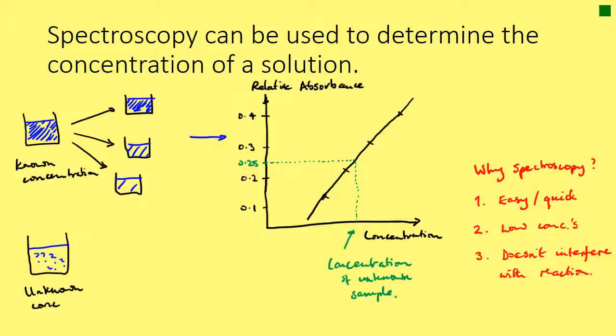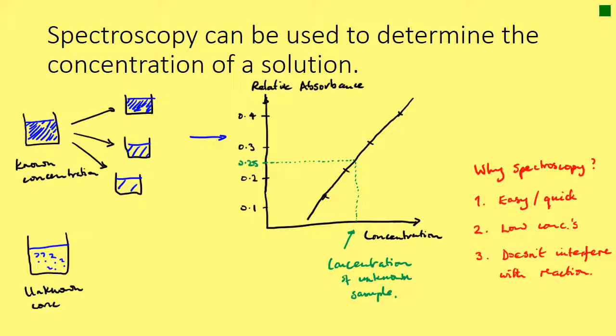And let's say we find that its relative absorbance was 0.25. So then we take that point, 0.25, and work its concentration out from the calibration graph. And that would give us the concentration of our unknown sample. Like that.